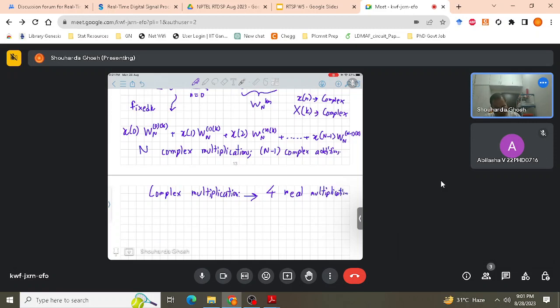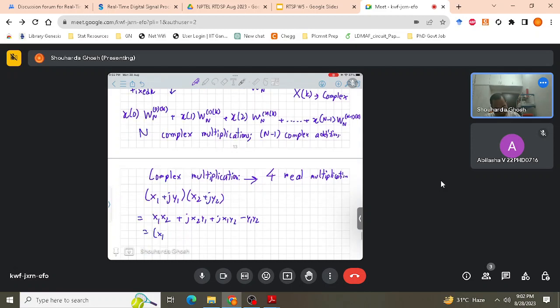How 4? x1 plus j y1 times x2 plus j y2. So you simplify them: x1 x2 plus j x2 y1 plus j x1 y2 minus y1 y2.